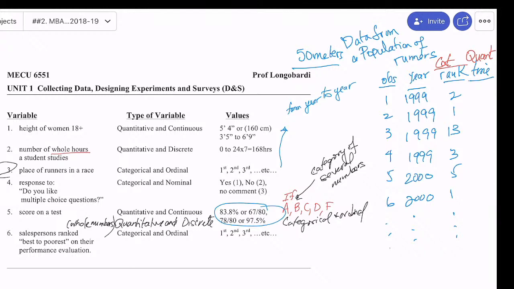Okay, but we're going to focus in this course on quantitative variables, in units 2 to 6. We're going to spend some time talking about categorical ones here, but then we're going to focus on quantitative variables.